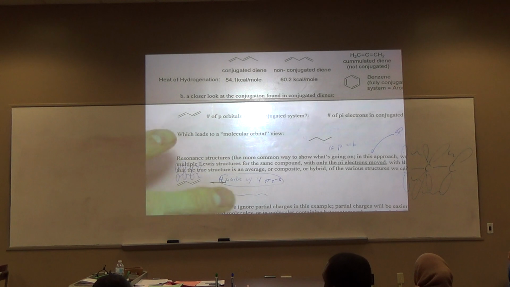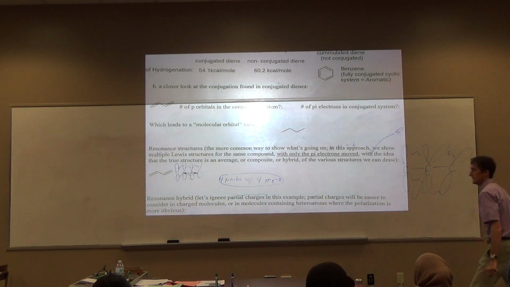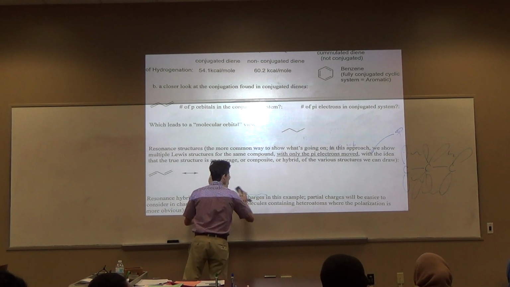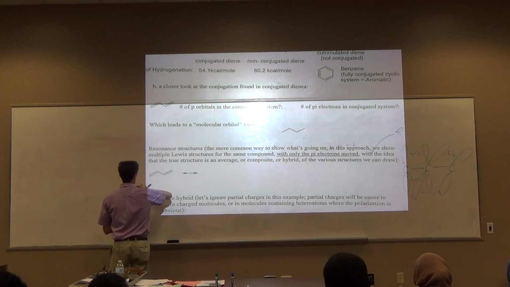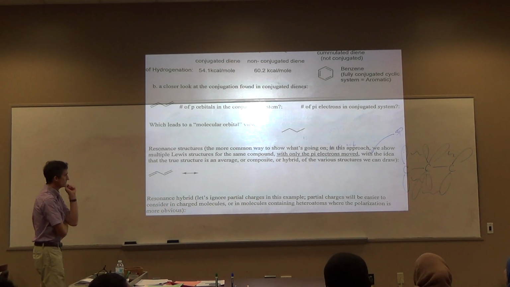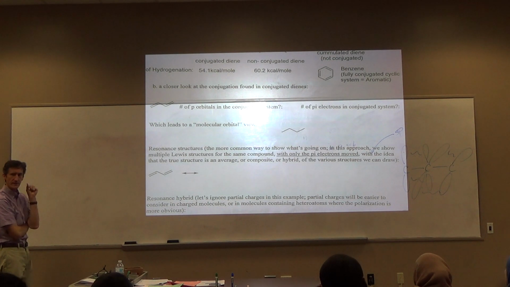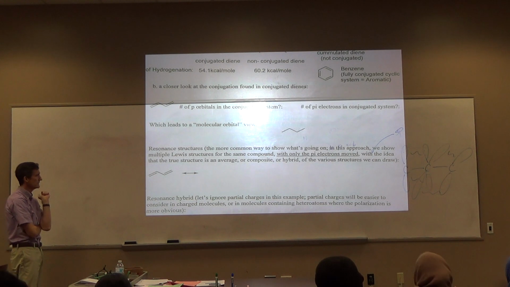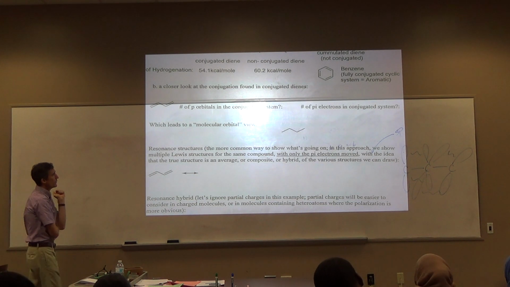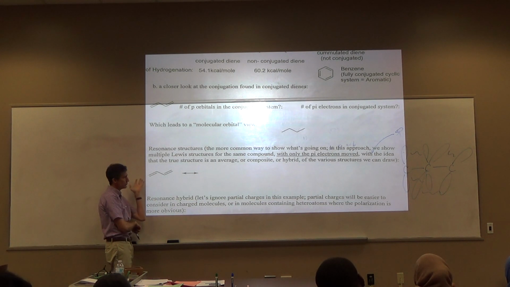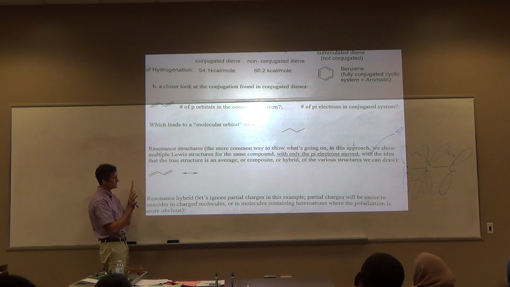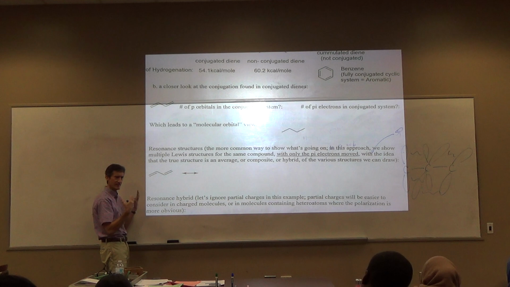All right, resonance structures. The second thing is doing it on the paper, drawing resonance structures. And this is where we get into pink, and pink is really red and white. Whenever we have resonance, we often draw red and white, and then say, hey guys, the true structure is a blend, it's really pink.